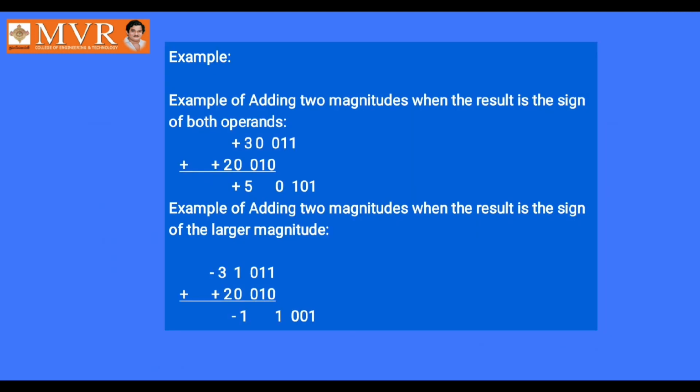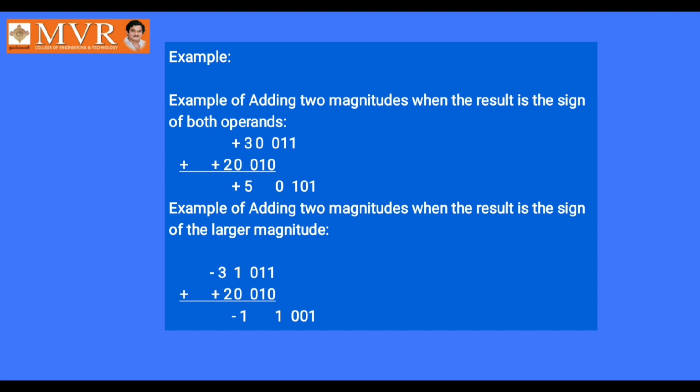So if you take a simple example, plus 3 is represented, some alignment problem is there in the slide, as 0, 0, 1, 1. Actually here 0, 1, 1 is the original value, and the most significant bit contains 0, which is used to represent that it is a positive number. And we are going to add that to a positive 2.